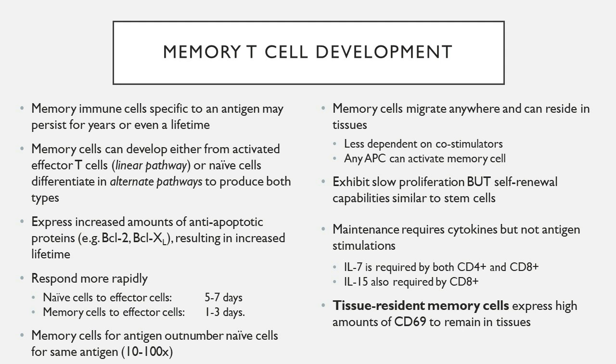Memory cells that reside in the tissue and not in circulation express high amounts of the same CD69 protein that outcompetes the S1P receptor 1 that wants to bind to S1P in circulatory systems and wants T cells to escape the lymph nodes. So it's the same mechanism that keeps these memory cells within tissues.